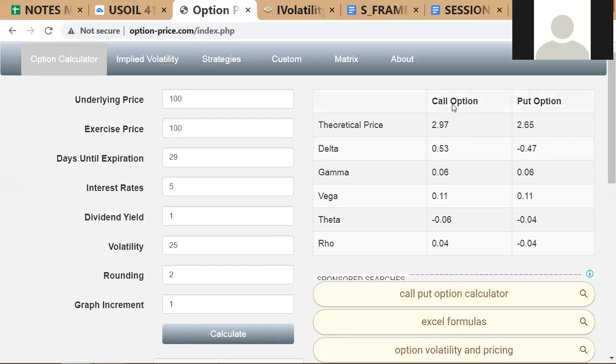But the bottom line is, if you buy this one option and you sell 0.53 shares of stock, then your net delta position will become zero, because the underlying asset has an opposite delta of the call option. So if you bought the call option with a delta of 0.53 and you immediately sell 0.53 shares of stock, then your delta position will go to zero. Okay, so this is what is important to understand.